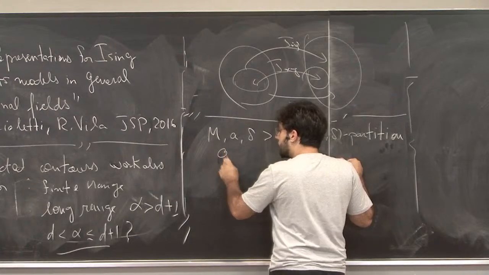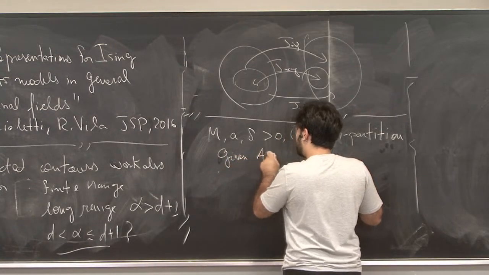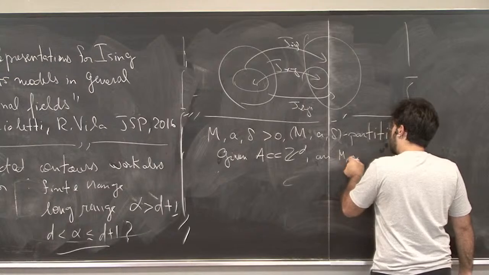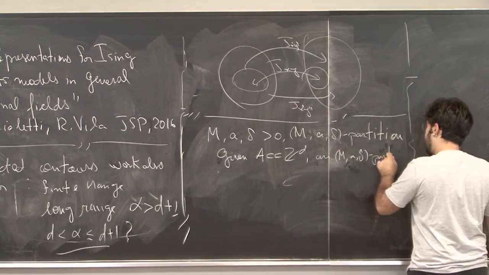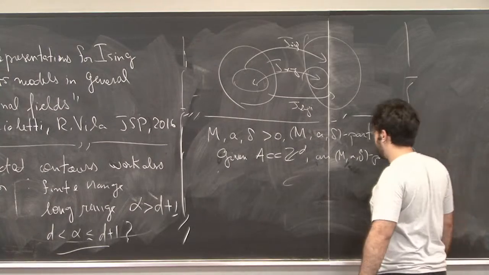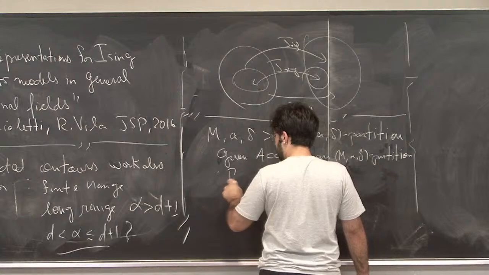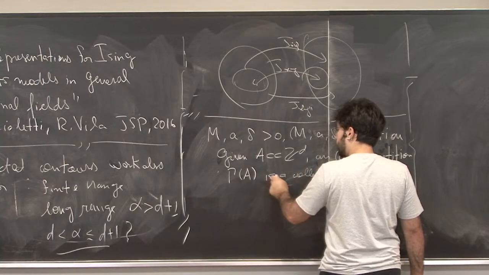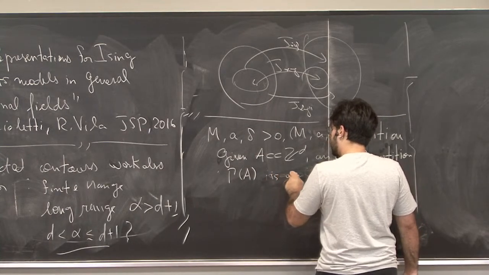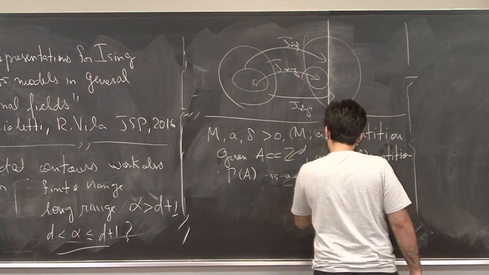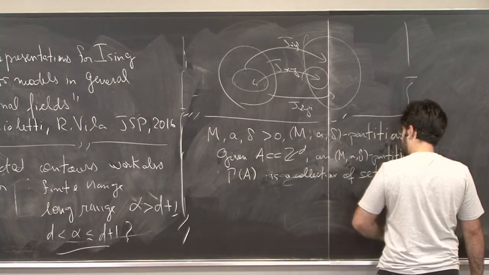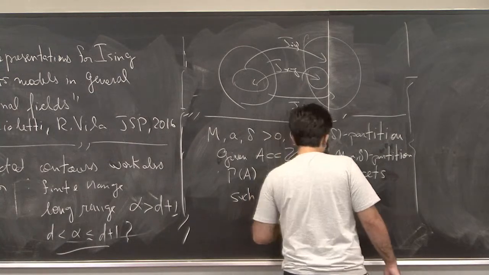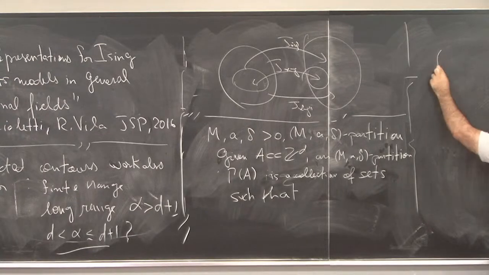So given a finite subset A of Z^d, an MA delta partition, let's say gamma A, is a collection of sets such that they must satisfy two important conditions.